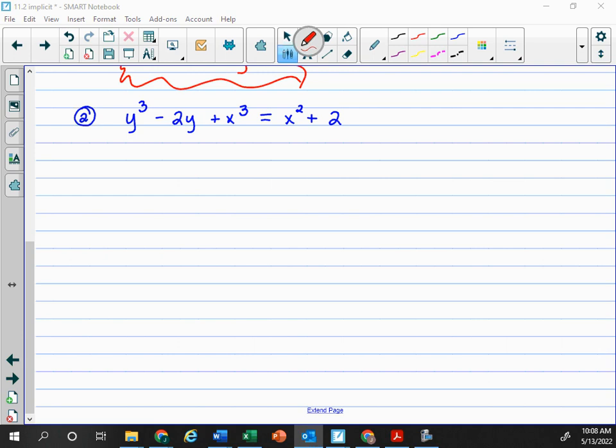Okay, let's try this one together. So y cubed, what am I going to write for the derivative of that term? Yes, 3y squared dy dx. Excellent. Minus, what's going to come next? Yes, 2 dy dx. We're taking the derivative of y in terms of x. Plus, what's next? 3x squared, good. Equals.